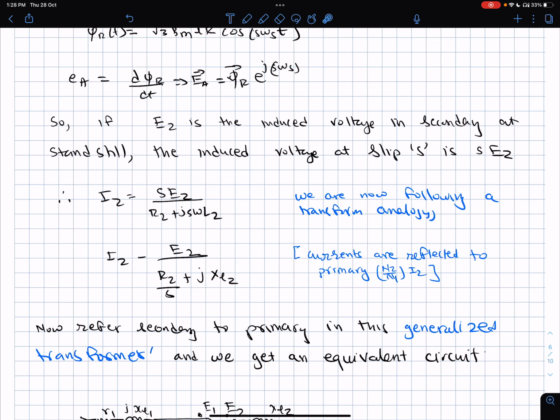So instead of that, now the rotor currents are only at frequency s omega s. So the reactance will proportionately reduce, resistance will remain the same.